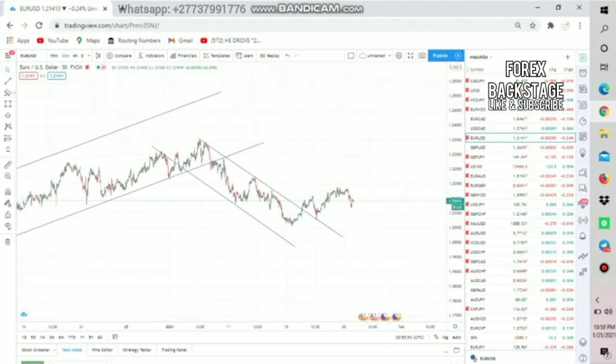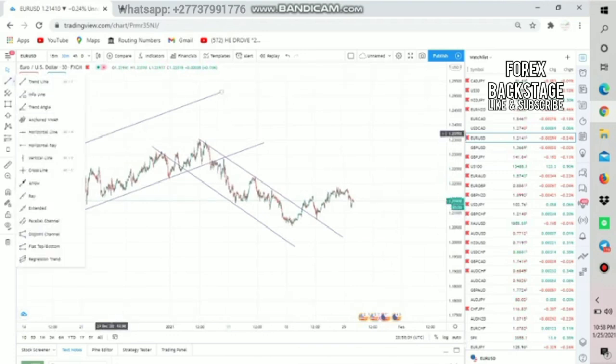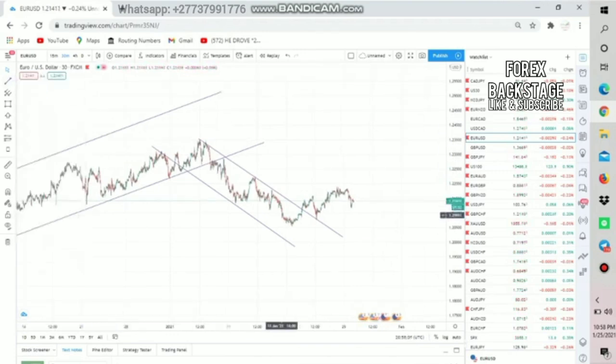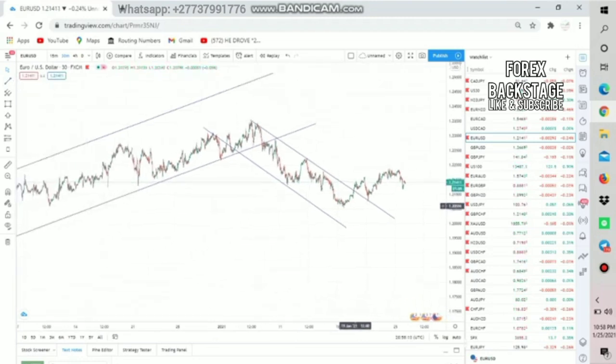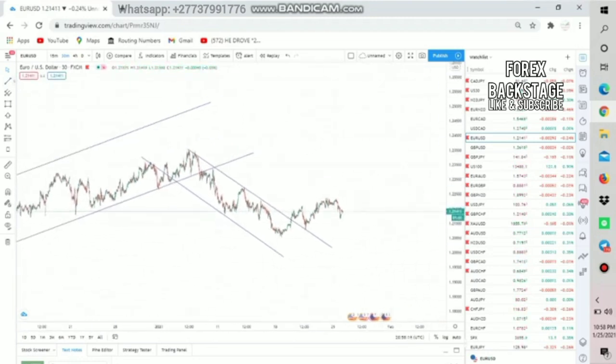Even here I might expect the trend to change. You know why? Because the overall trend is upwards. It might buy from here. It might go up from here, because this is a lower low, and this is a higher low and a higher low.